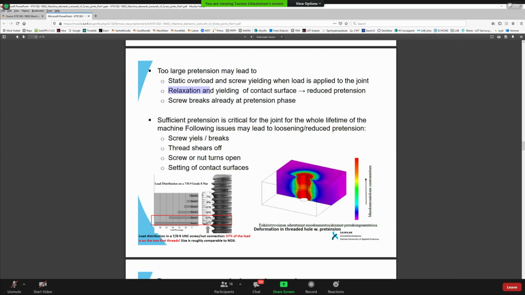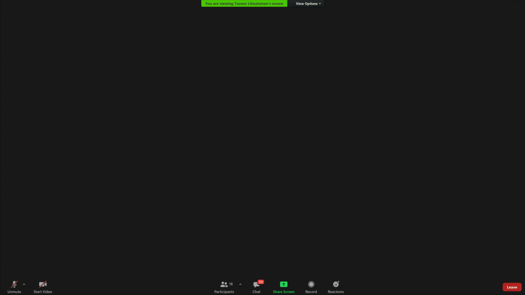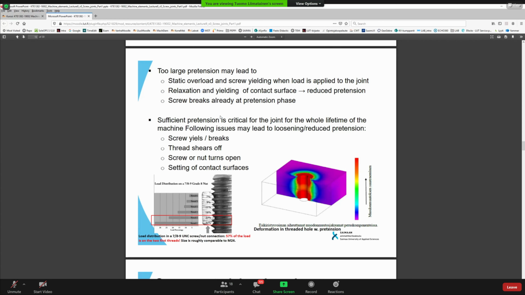Steel material doesn't relax, or it doesn't have this kind of, I don't remember the word in English, but nevertheless creepage. Steel doesn't have creepage unless you are very close to the yielding point of the material. But that will eventually lead to reduced pretension. Nevertheless, you should be tightening that bolt enough, because sufficient pretension is critical for the joint for the whole lifetime in many aspects.